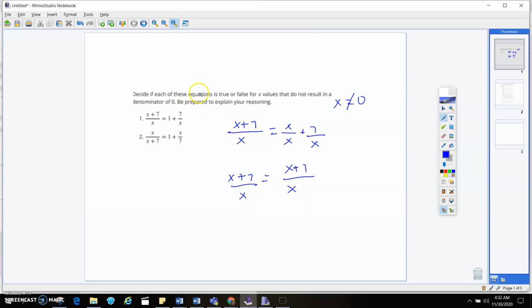So it says decide if each of these equations are true or false. If they're the same thing on both sides, then that means that they're going to be true, for x values that do not result in a denominator of 0. So they're true for all values because I can plug in any x value, except I can't plug in that 0 because that'll give me a denominator of 0.